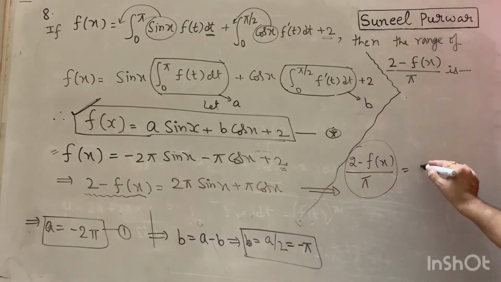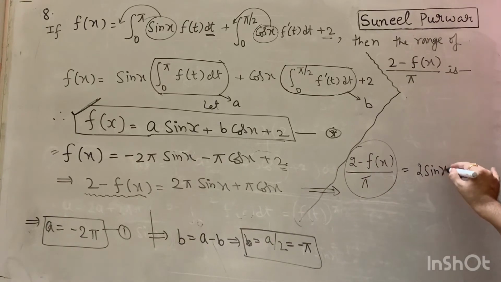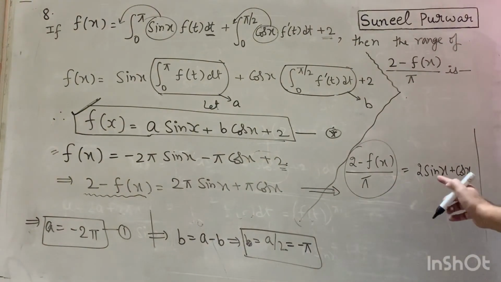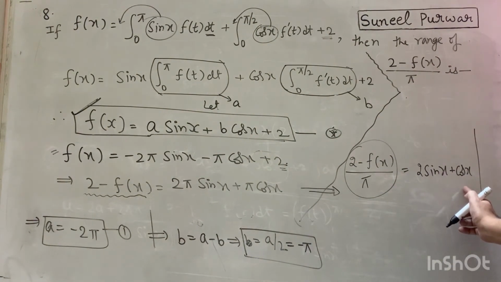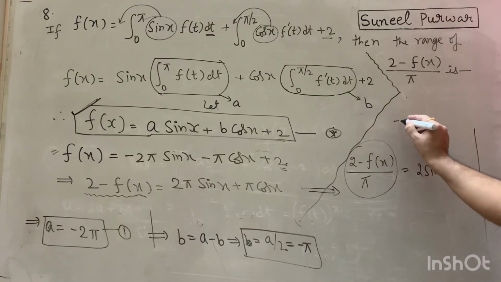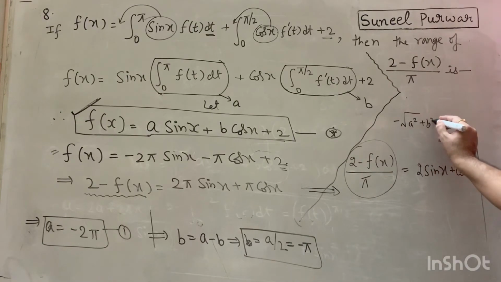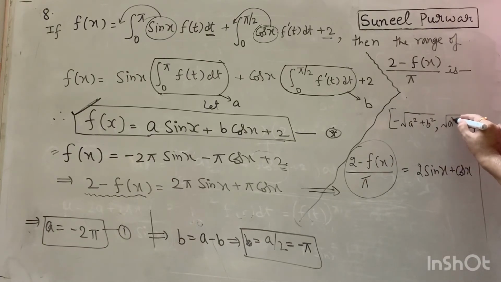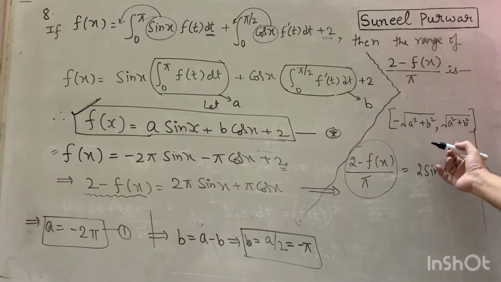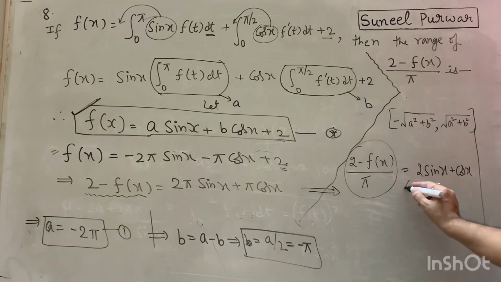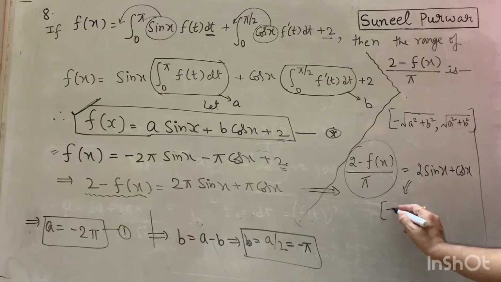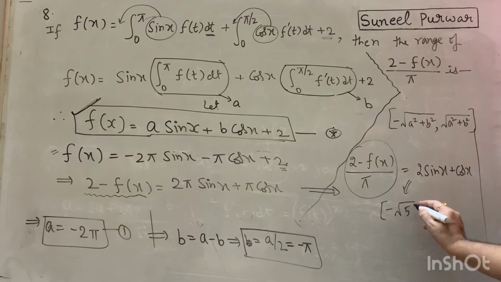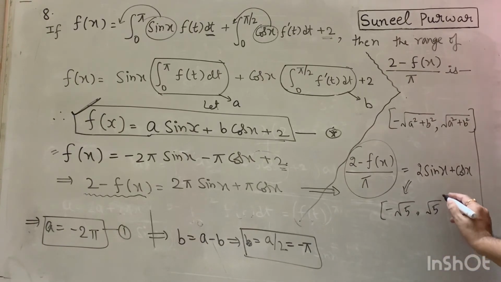So you have 2 sin x plus cos x. And you know, for a sin theta plus b cos theta, what is the range? Minus of under root a square plus b square as the minimum value, and maximum value under root of a square plus b square. So using this formula, which is well known to everybody, the range of this function is minus root 5 to plus root 5. That is the range.